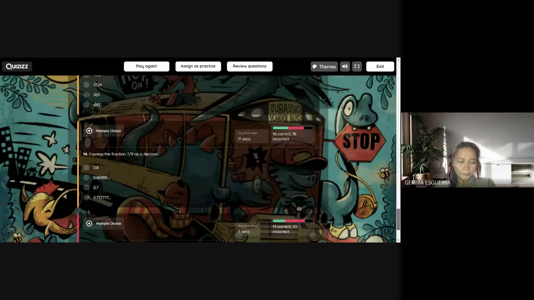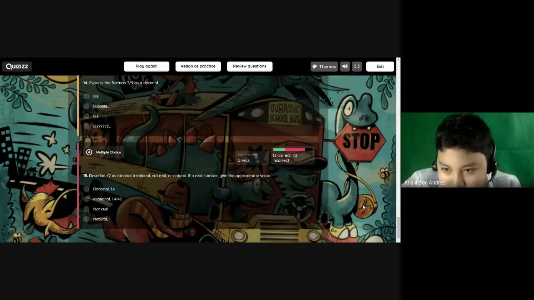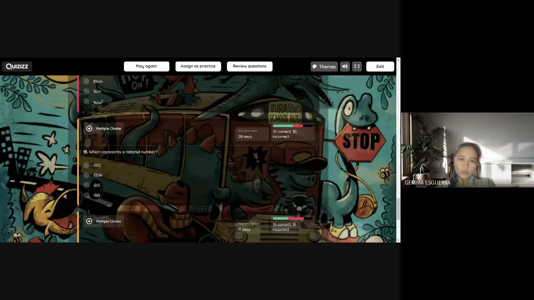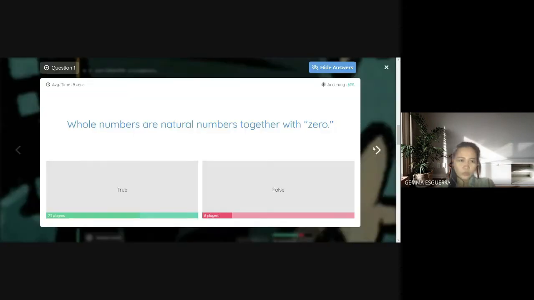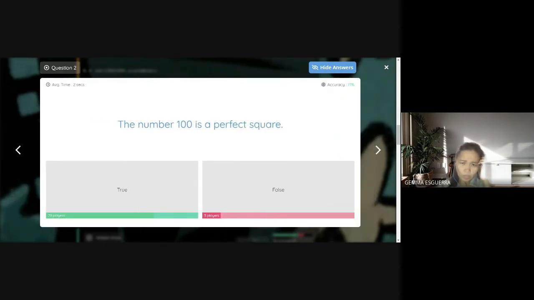Medyo lang po. Nagtawag ako ng isa ngayon, meron kayong makakasagot? All numbers are natural numbers with 0, that's true. The number 100 is a perfect square, of course, because 10 times 10.